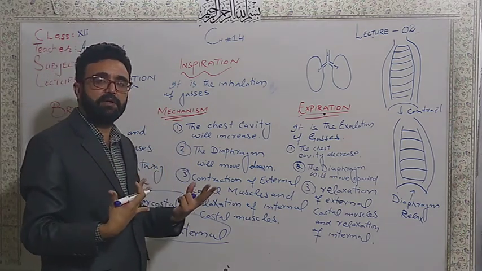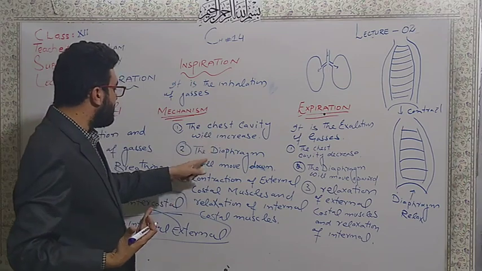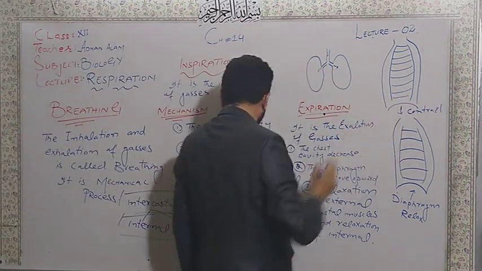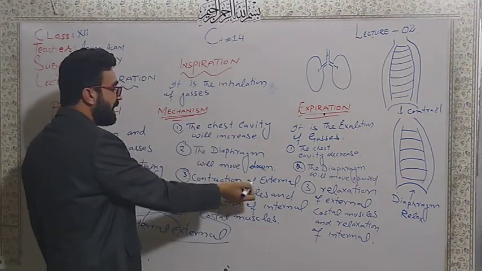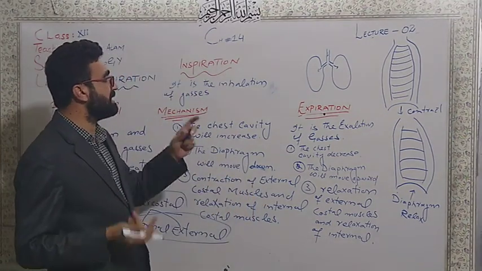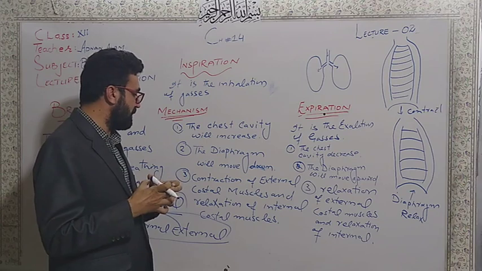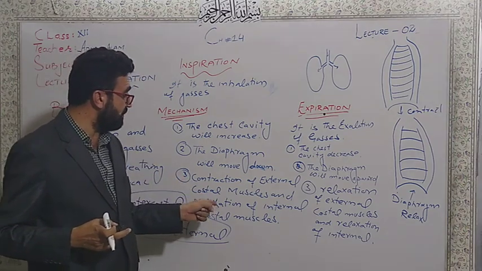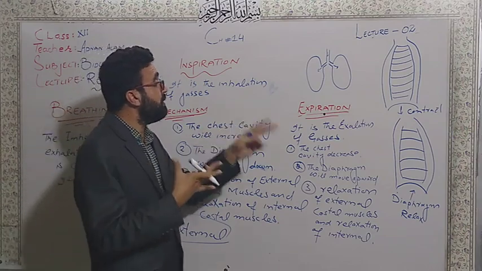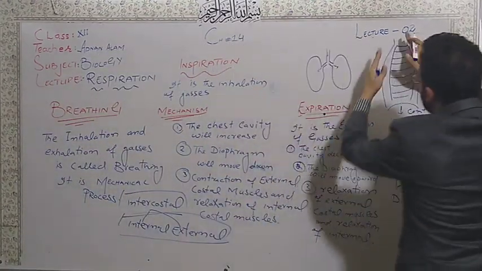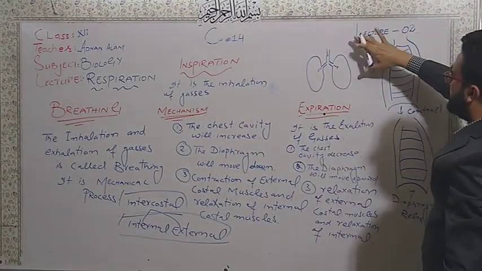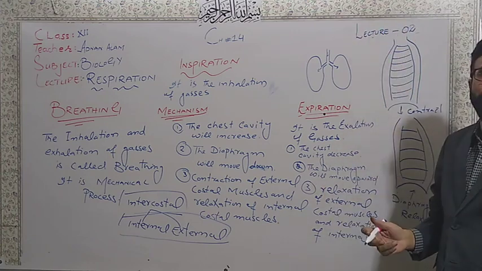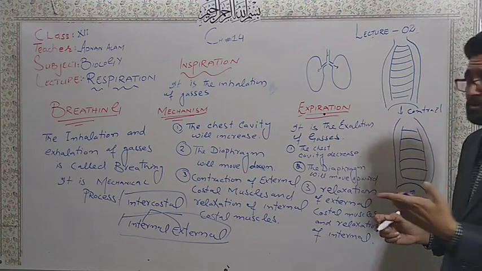When the chest cavity increases, the diaphragm will contract and move downward, the external costal muscles will contract, and the internal costal muscles will relax, which will increase the space in the thoracic cavity and gradually decrease the pressure inside the lungs.